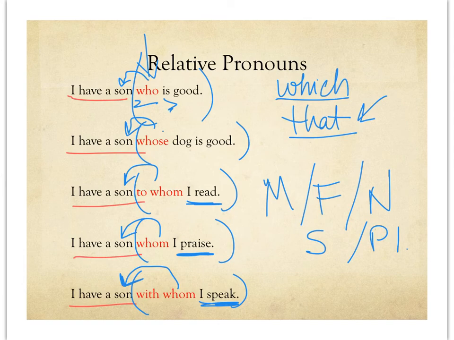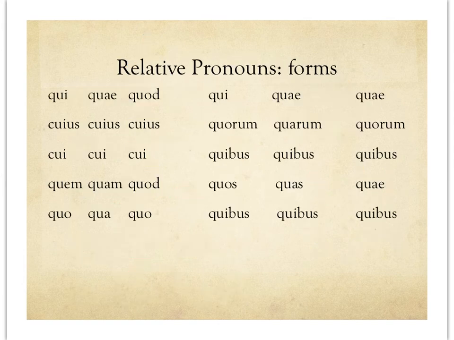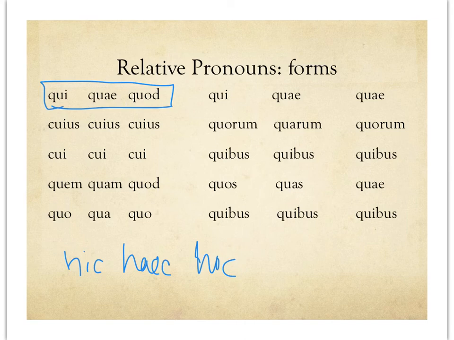But let's see what these look like. You can see when we're looking at the forms, qui, quae, quod, cuius, cuius, cuius, cui, quem, quam, quod, quo, qua, quo, that these are not unlike our old friends by now, hic, haec, hoc, where we have the nominative that is really kind of weird, and then instead of huius, we have cuius, and instead of huic, we have cui, but you can see these end in I. And then after that, they become much more regular.